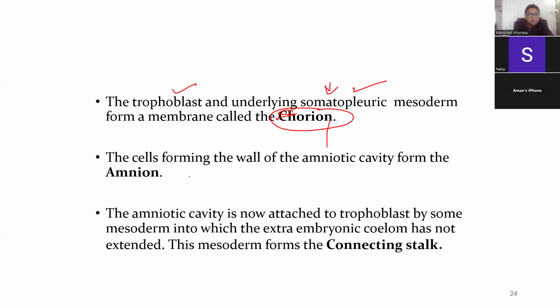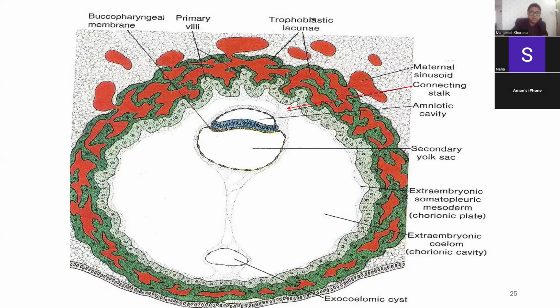The cells forming the amniotic cavity form the amnion. The amniotic cavity is now attached by the connecting stalk. Okay, this is a very good picture. Here also we have the somatopleuric mesoderm. There is a faint image of this mesoderm. Let me just highlight this if you are not able to see. It's visible.